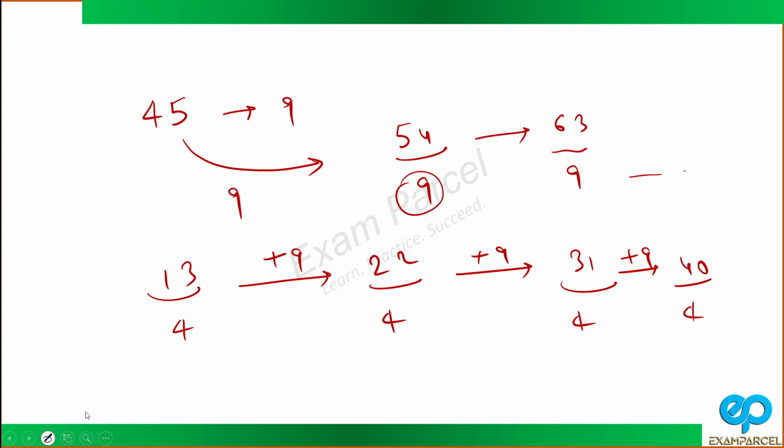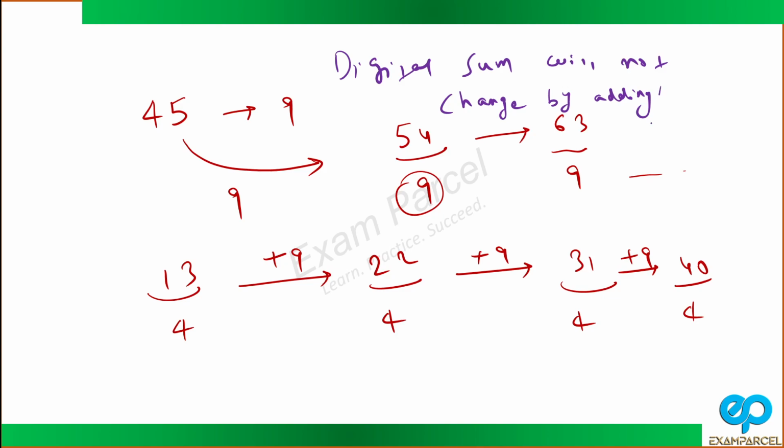There is a property that the digital sum will not change by adding or subtracting 9. So if you keep on adding or subtracting 9, your digital sum is not going to change, right?